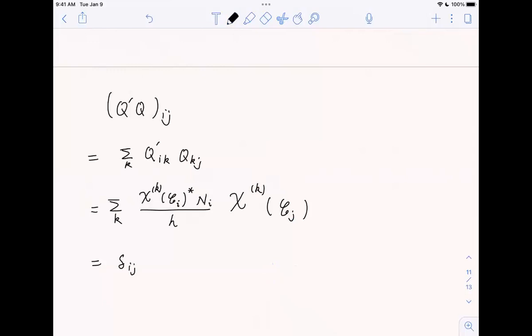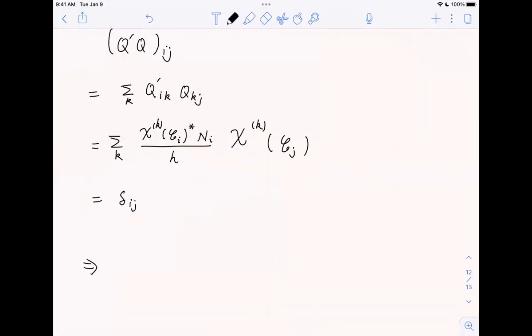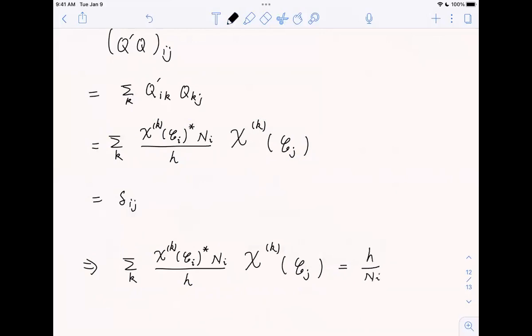So eventually we just obtain this thing. This is the sum over K. Since you are summing over K, this can be moved to the other side. It's just summing over K.